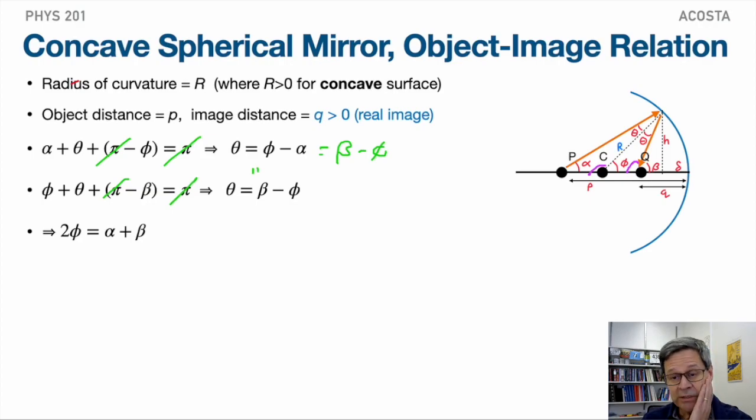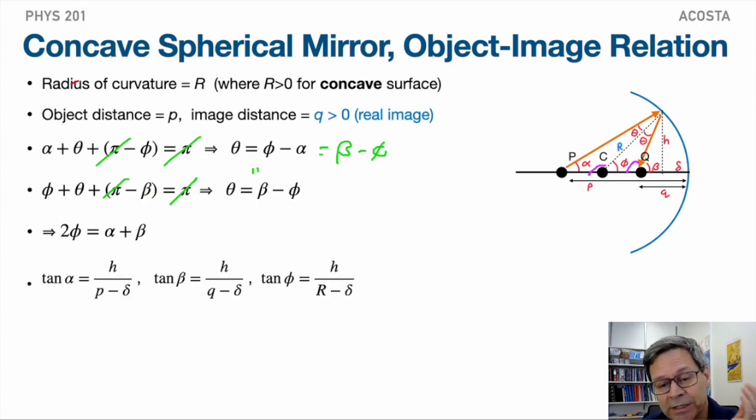Now let's relate it. How do I calculate these angles from some of the positions and lengths I know? For example, I introduced the distance the object is in front of the mirror vertex, as well as the image distance, the p and the q. So let's now relate these angles in terms of those dimensions.